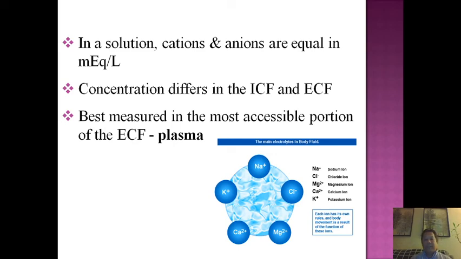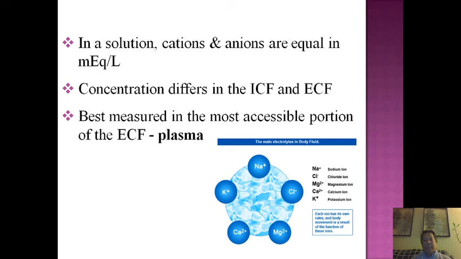The only difference would be between the intracellular fluids and the extracellular compartment. There are electrolytes that are inherently intracellular, and there are electrolytes that usually stay outside the cells, in the extracellular compartment of body fluids.